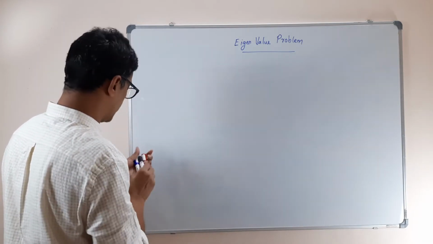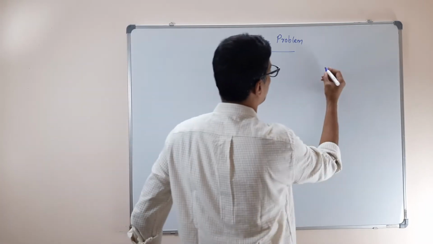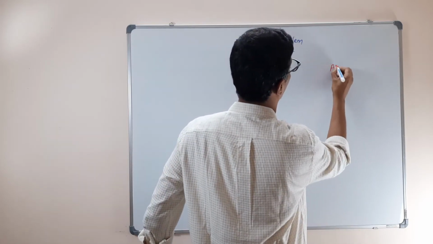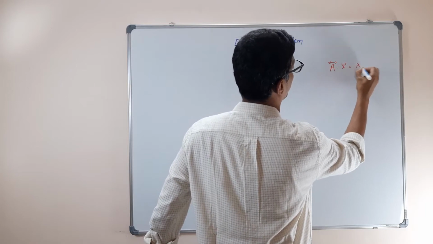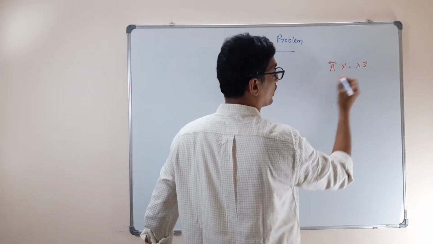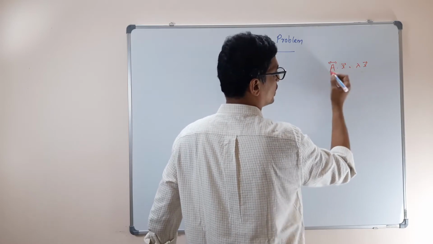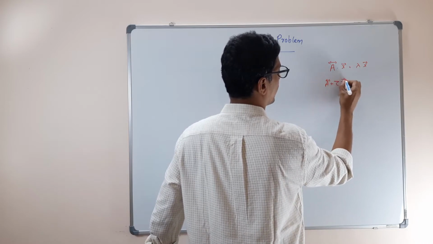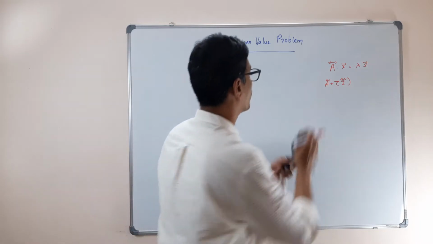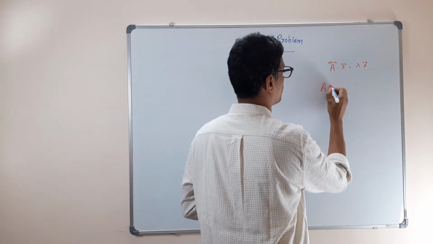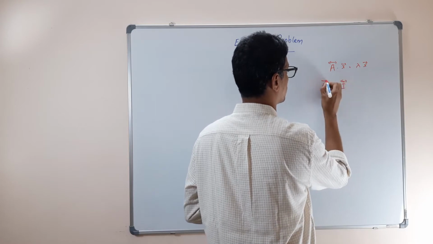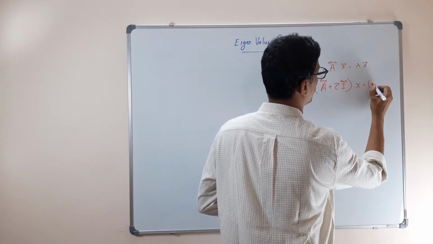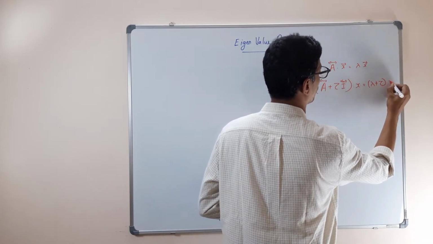Before that, let us recall that property. If this is the eigenvalue problem we are dealing with, and we add some constant, then (A + τI) x will be equal to (λ + τ) x.